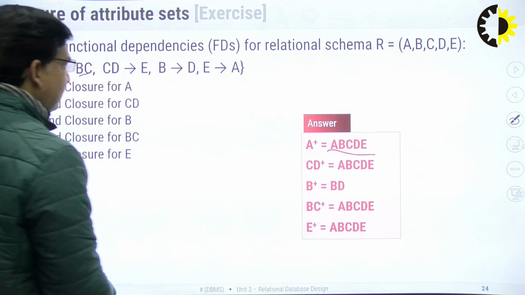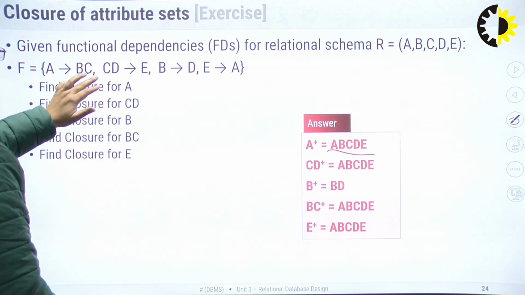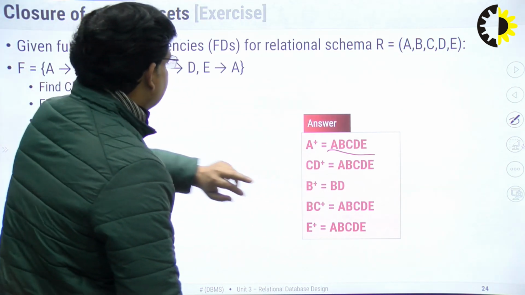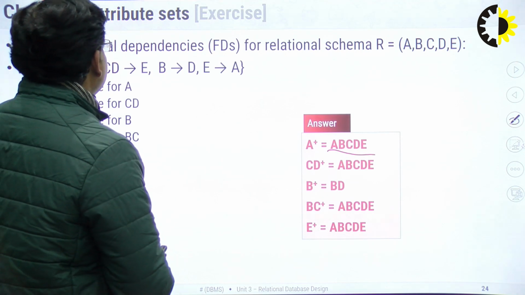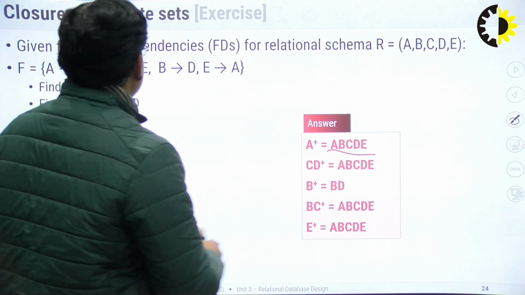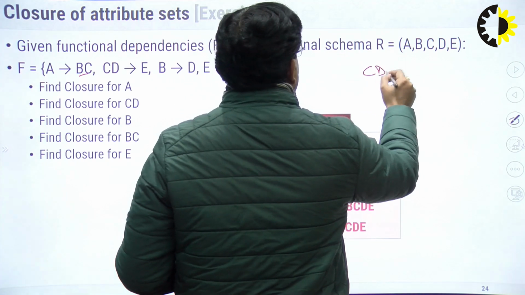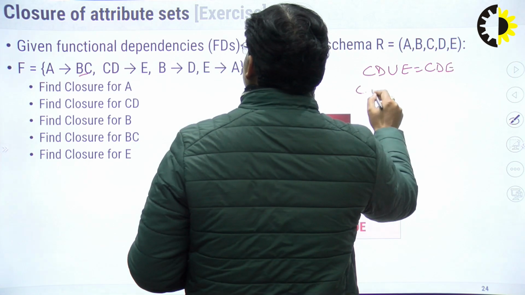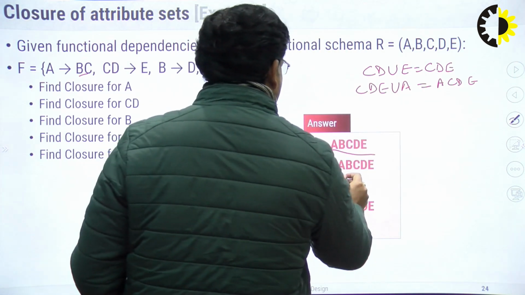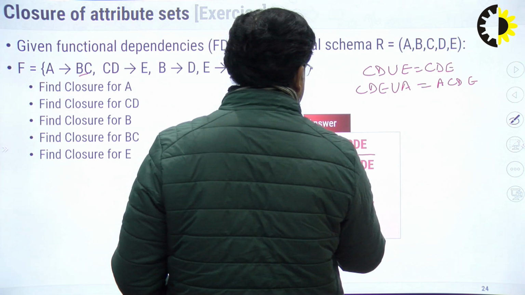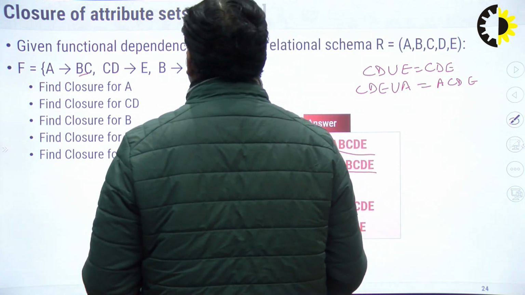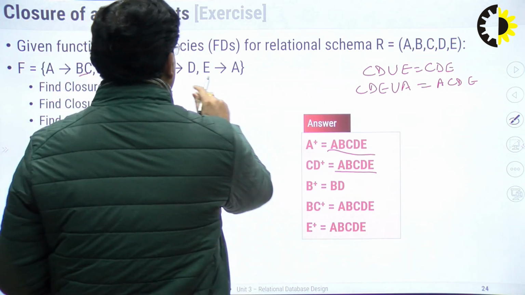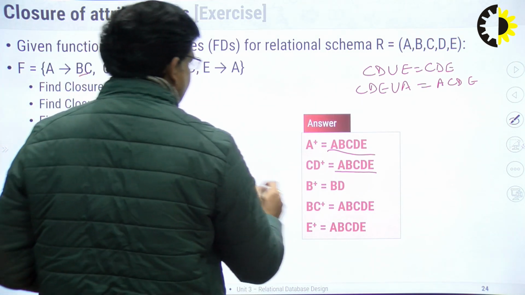Now we determine the closure of CD. CD determines C, and CD determines E, so the closure is CDE. Next, we will be able to find that the closure of CD is A, B, C, D, E. Similarly, the closure of B is B and D, because no other FD is derived from this.